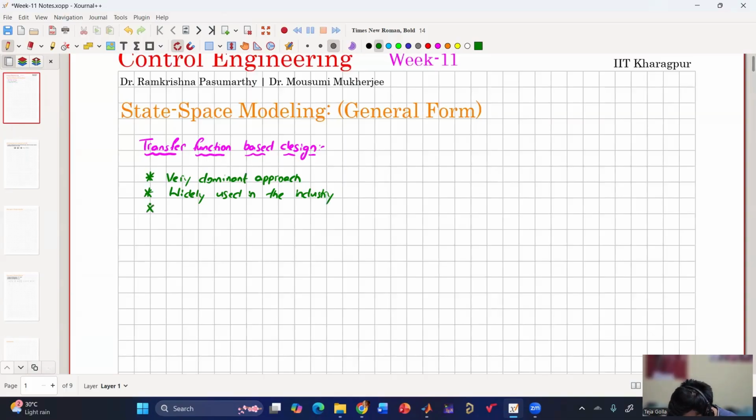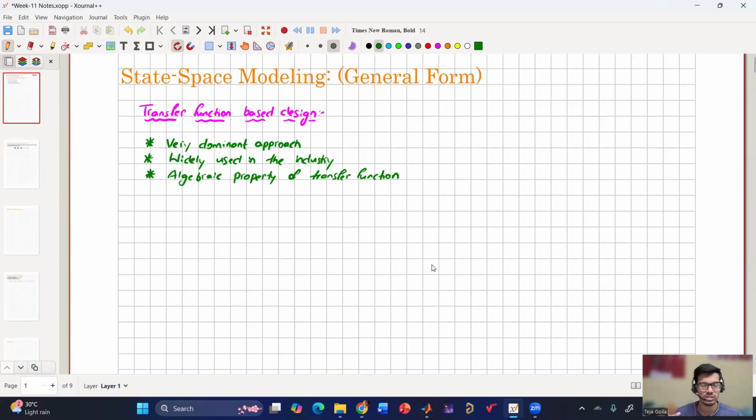It is easy because any differential equation is converted into an algebraic expression, which is easy to solve, owing to the algebraic property of transfer functions.